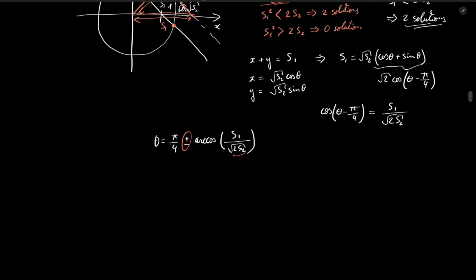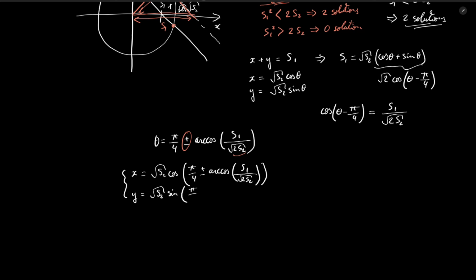Okay, so we can conclude that the two solutions for x and y are: x equal to the square root of S2 cosine of pi over 4 plus or minus arc cosine of S1 over the square root of 2S2, and y equal to the square root of S2 sine of pi over 4 plus or minus arc cosine of S1 divided by the square root of 2S2.